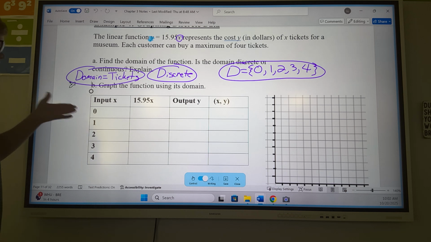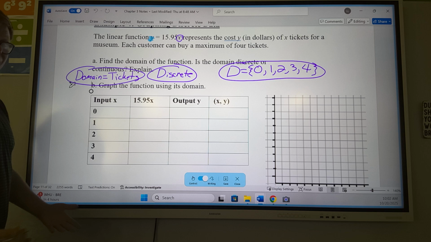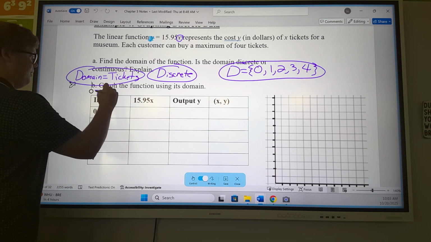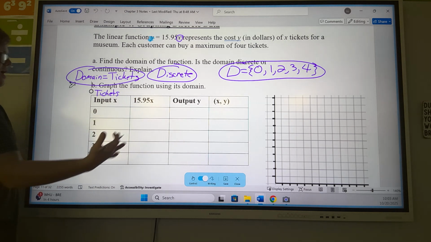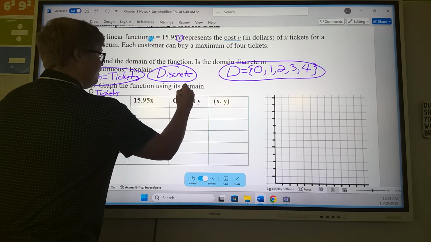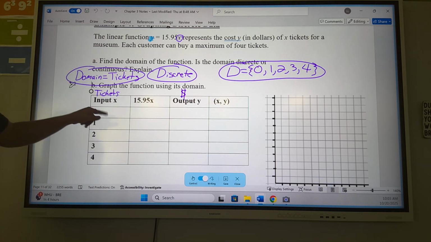Okay, here, we know our input, which is also our domain, which is also our independent variable, is our tickets. So let's just say this is tickets. That way we don't get lost here. We know our output is money. So that tells us already what we're going to represent our graph with. Our x-axis is going to be tickets, our y-axis is going to be money.